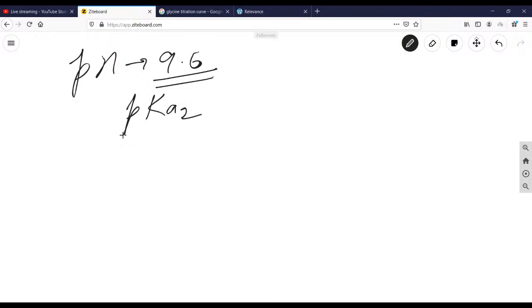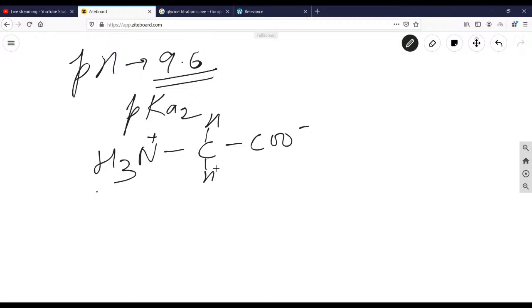Half will be protonated, half will not be protonated, because the pH is not that high. Group number 2, H3N plus CH, and you have CO minus. This will be the state when you have pH less than pKa2.